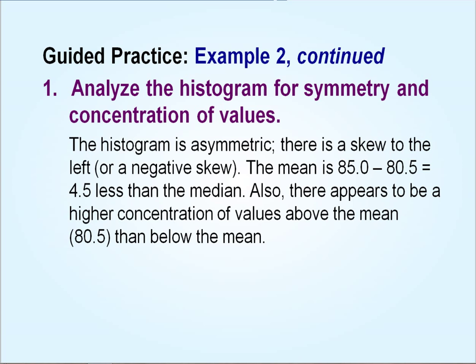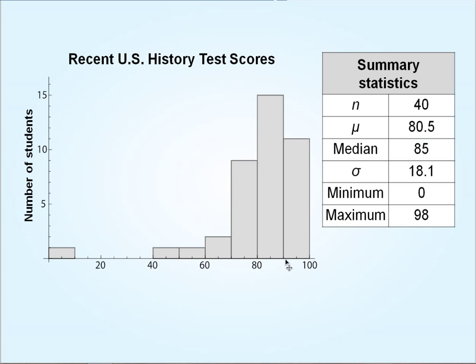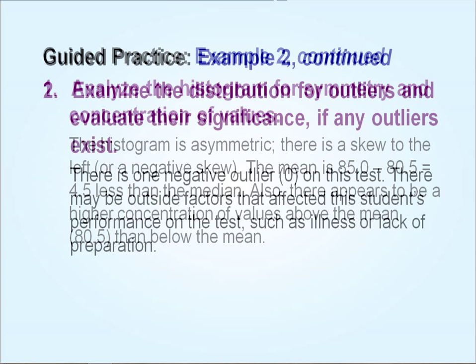If you look back at the histogram too, you can see that most of the data is going to be higher than the mean of 80.5. It looks like there are way more students to the right of 80 than there are to the left. That's going to be a good indicator that this cannot be normal distribution.